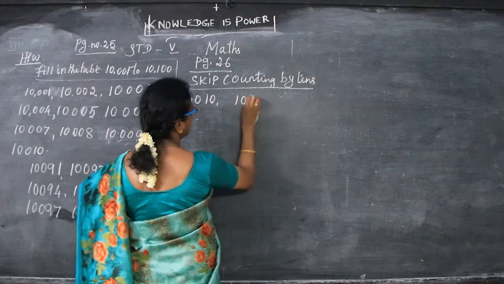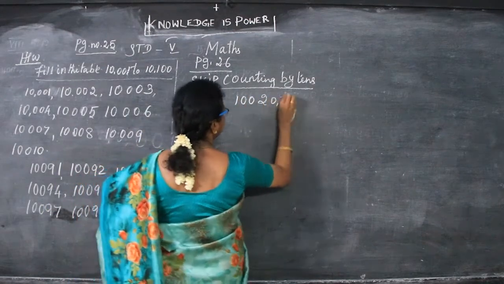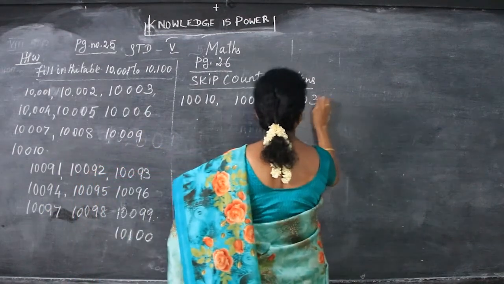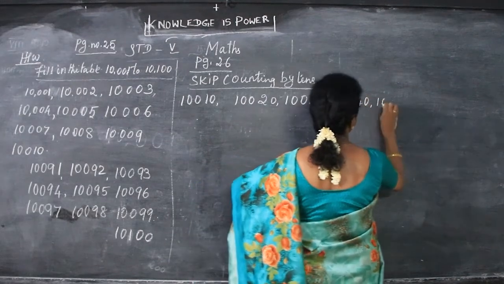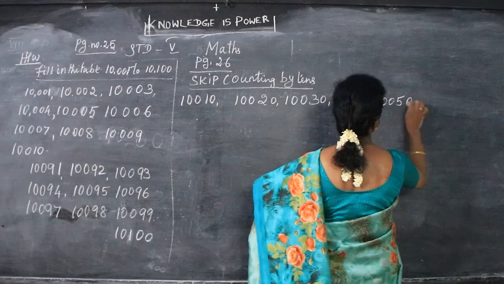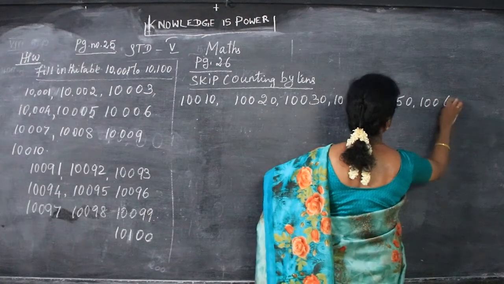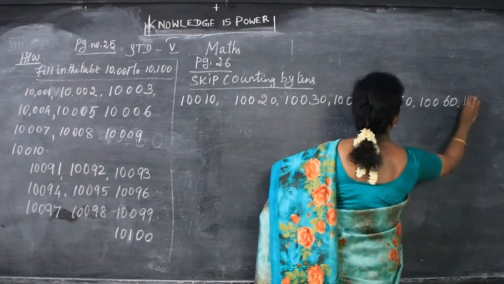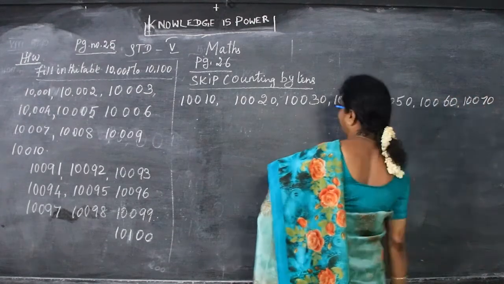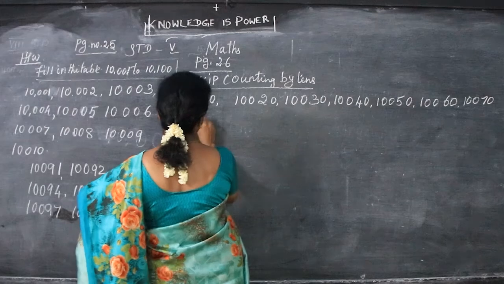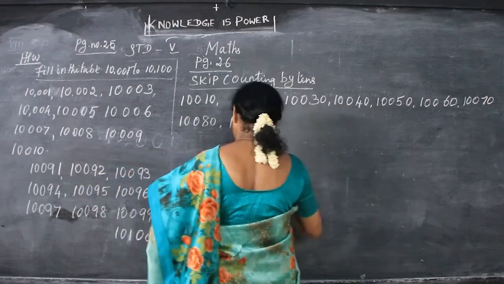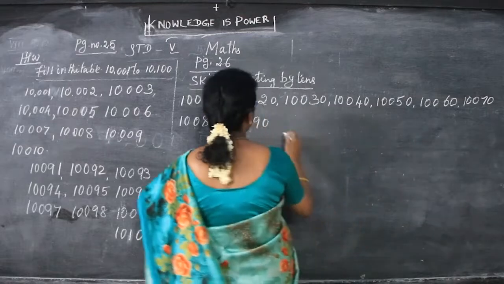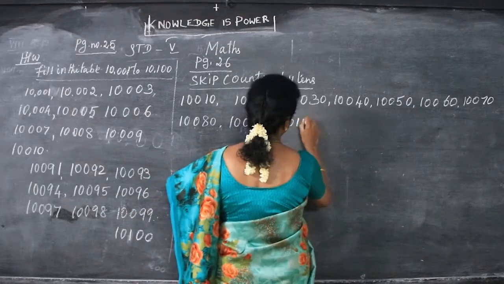Then 10,020, 10,030, 10,040, 10,050, 10,060, 10,070, 10,080, 10,090, and then 10,100.